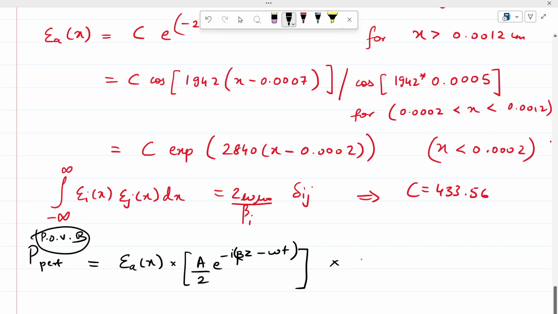Change in refractive index is nothing but epsilon times n1 square minus n2 square. So this is for minus 0.0012 less than x less than minus 0.0002, and it will be 0 elsewhere.